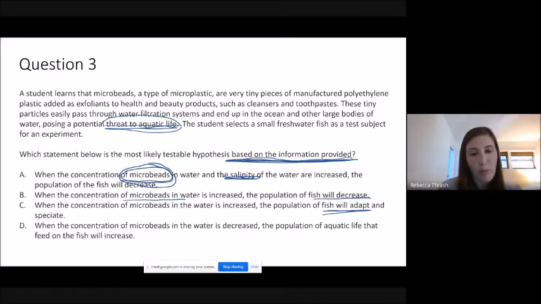When the concentration of microbeads in the water is decreased, the population of aquatic life that feed on the fish will increase. Now again, this is a testable thing that you could set up, but this is an ecological question, a food chain question. So B is the most relevant to the information that was provided by the question.